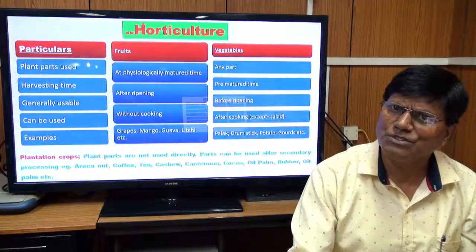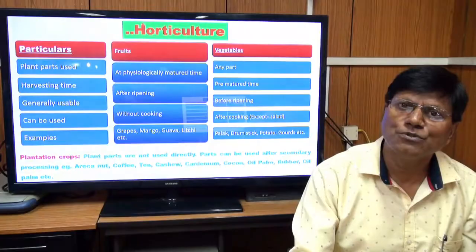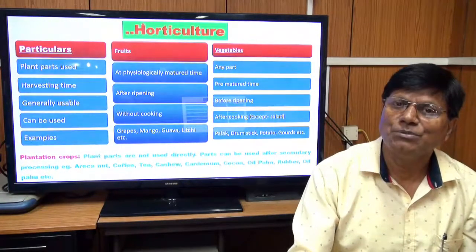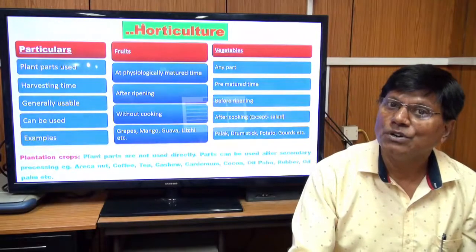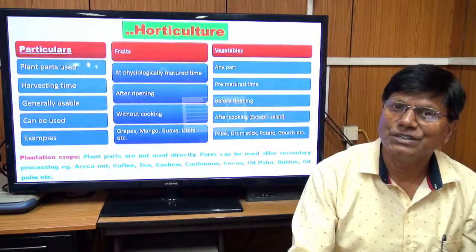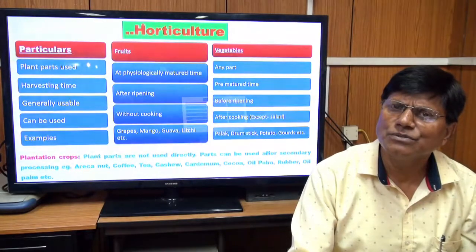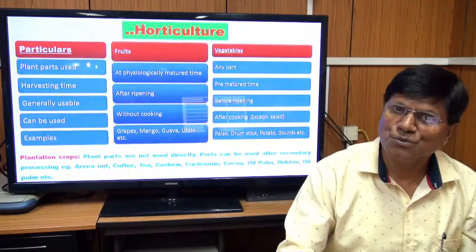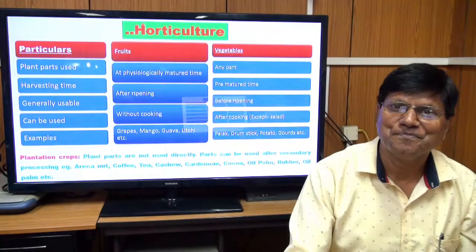Basically vegetables are also a bit fruit. Vegetables may be leafy vegetables, stems, or roots that can be consumed, but a pod is also a fruit, so a bit fruit comes under vegetable.